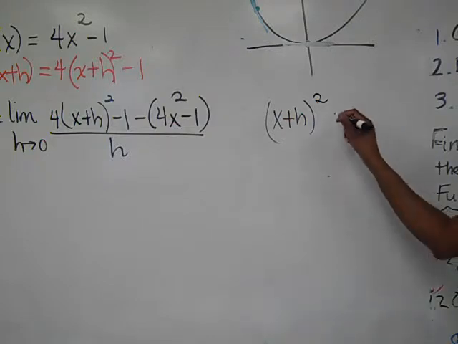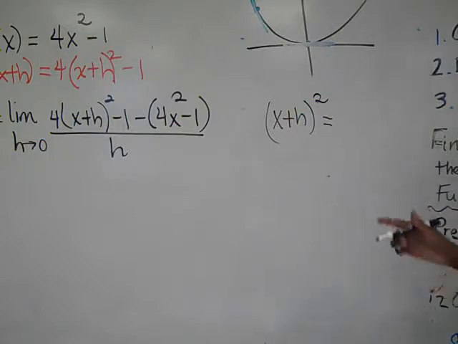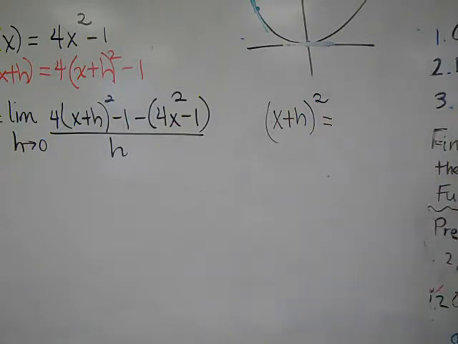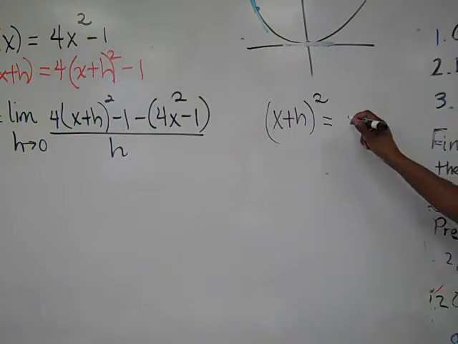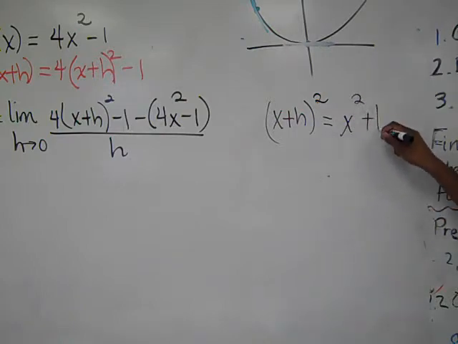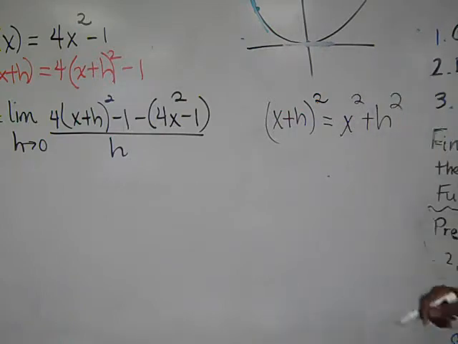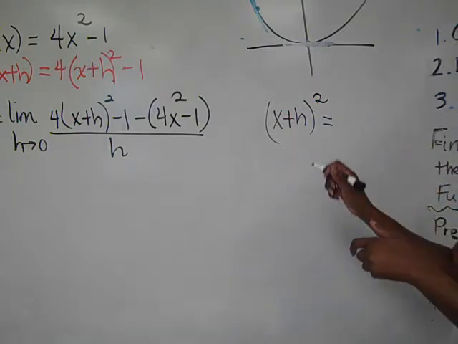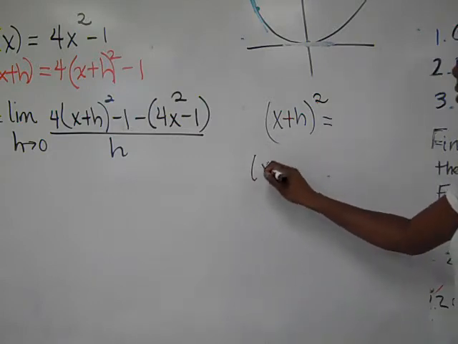The common mistake right here is, what is your first instinct when you have x plus h squared? What do you want to do? x squared plus h squared? Would it just be x squared plus h squared? Is this what you want? No. That's math jail. Jesus was saying if we break it up into two separate quantities, you've got x plus h times x plus h.